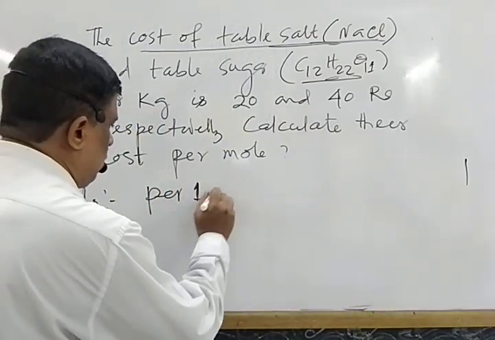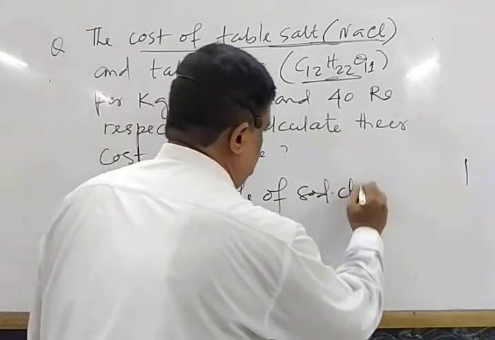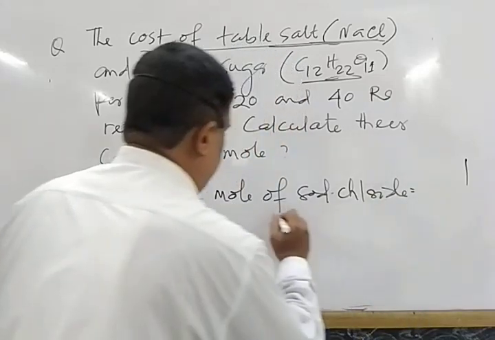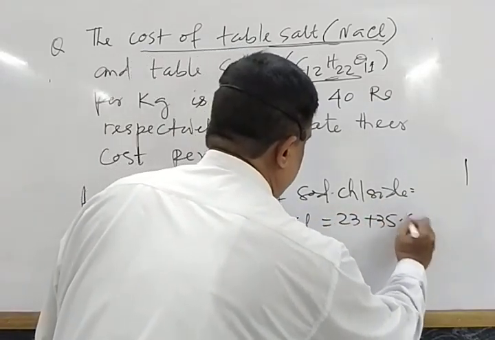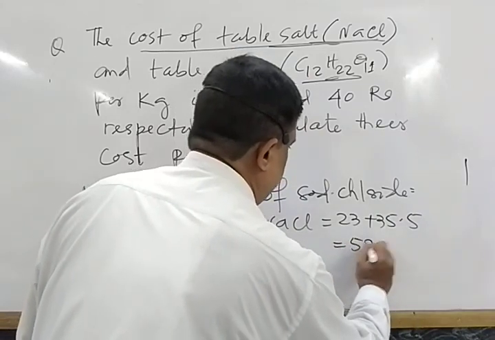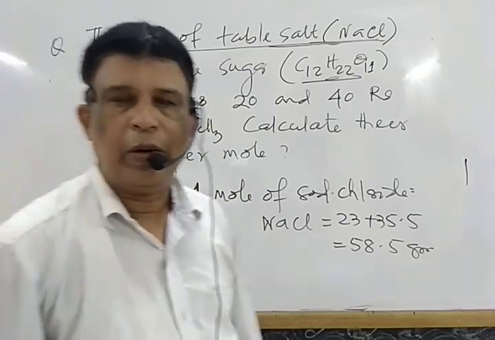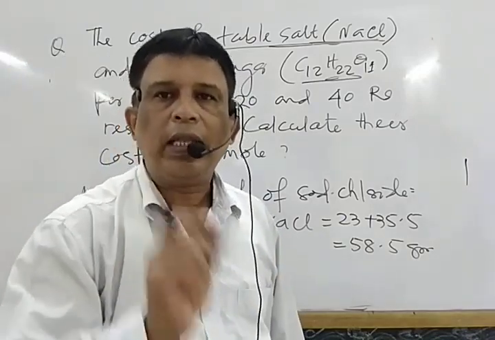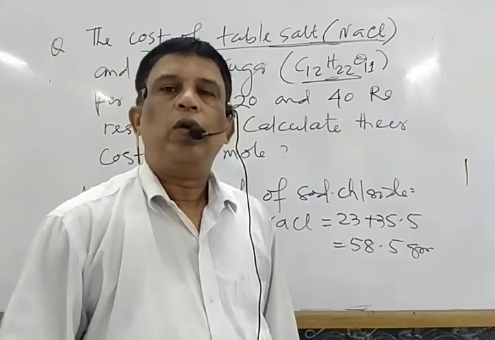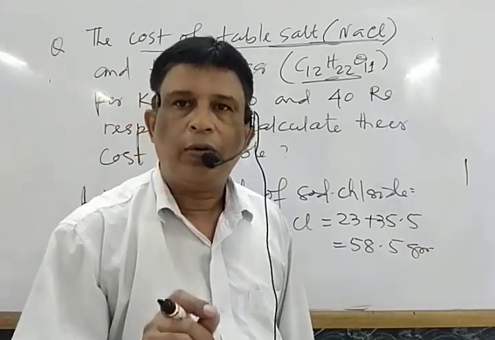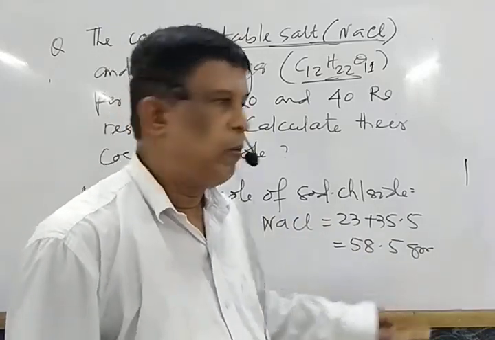For 1 mole of sodium chloride, its molecular mass, NaCl, that means 23 plus 35.5 is equal to 58.5 gram. Per kg data is given. So the cost for 1000 gram of sodium chloride is given. Then we have to calculate the cost for 1 gram and cost for 58.5 gram. Mark that.